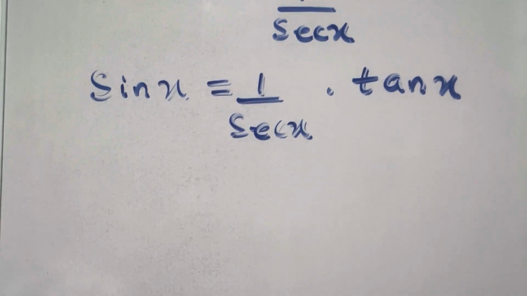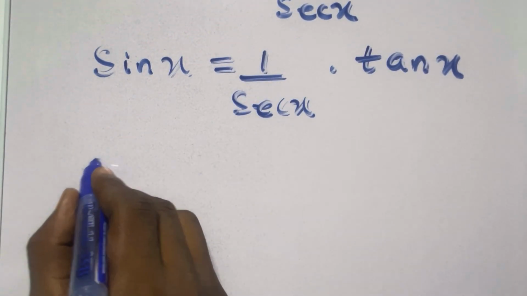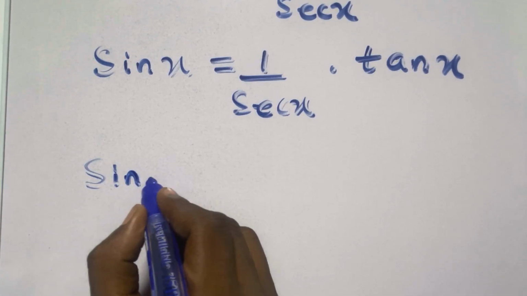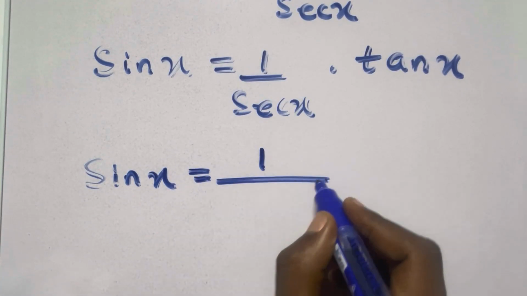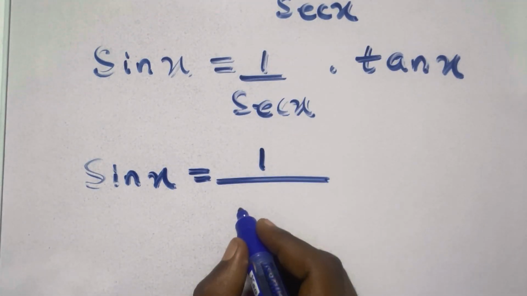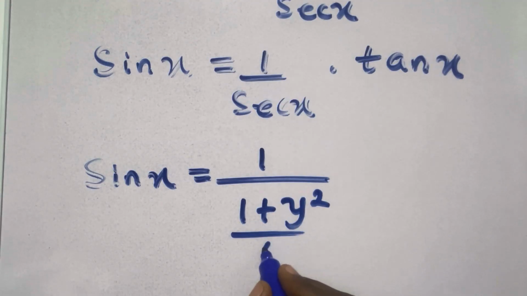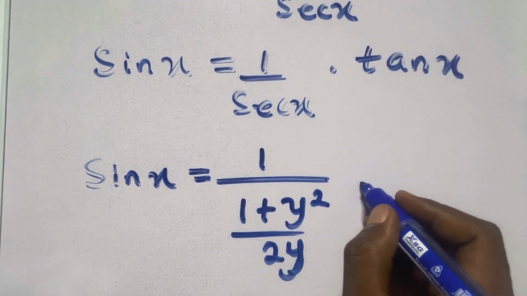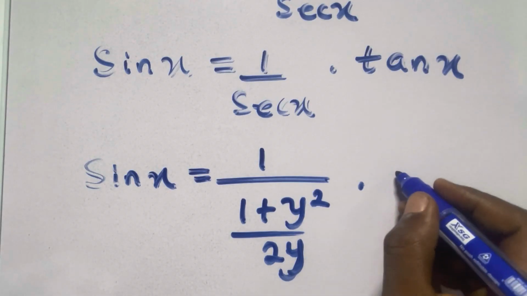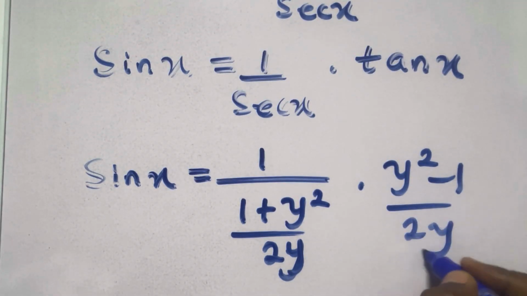All right, so then we will have our sin x equals 1 divided by our sec x, which is 1 plus y squared divided by 2y, multiplied by our tan x, which is y squared minus 1 divided by 2y.